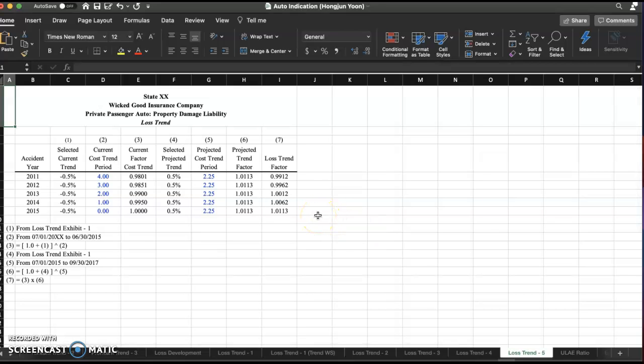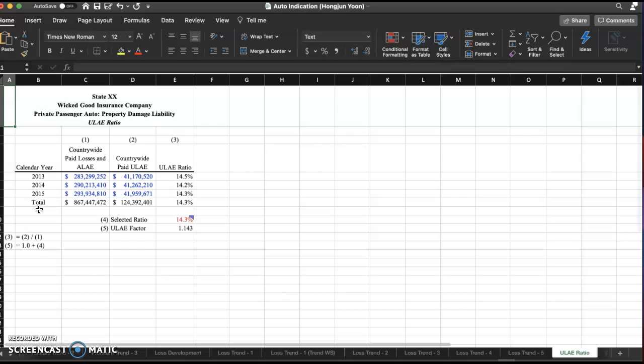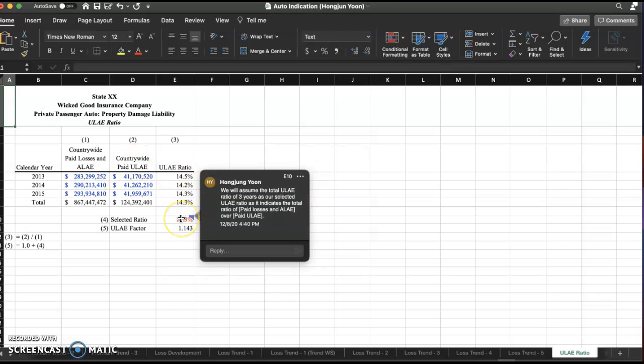Using the selected projected trend, we get the loss trend factor along with the current factor cost trend from 2011 to 2015. The unallocated loss adjustment expenses ratios are calculated by countrywide allocated LAE and unallocated LAE. For our selected ratio, we took the average of total 3-year ratios.